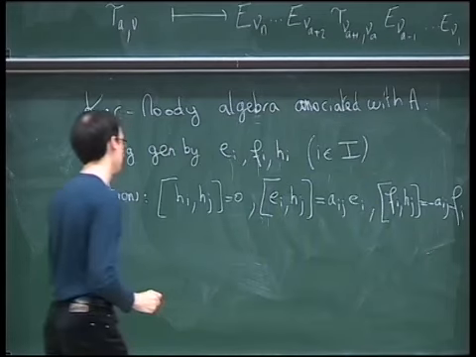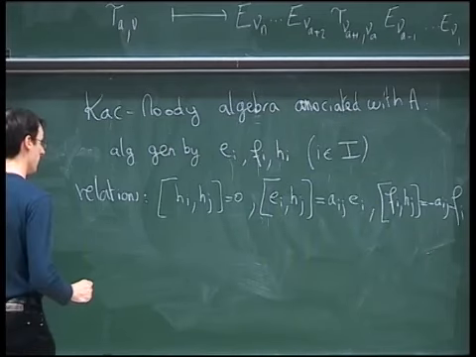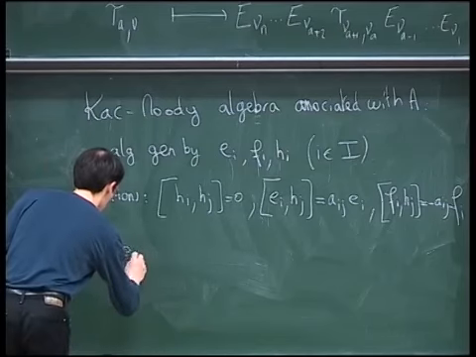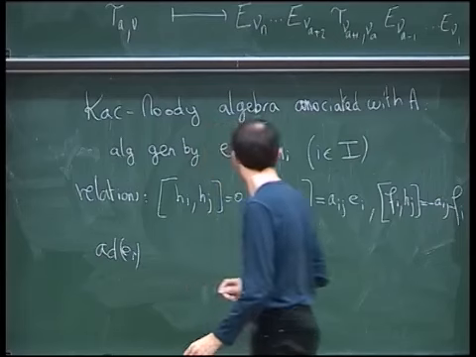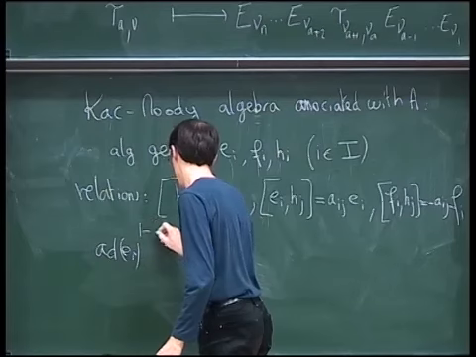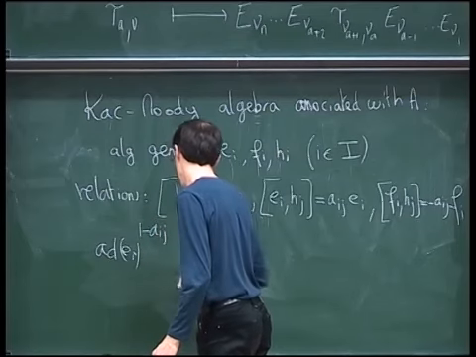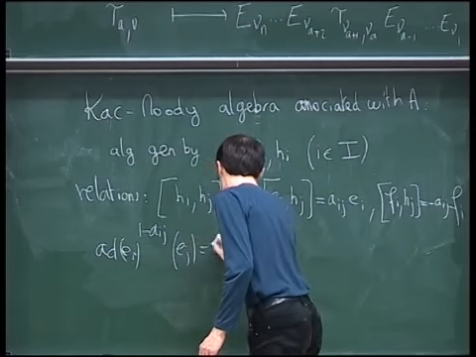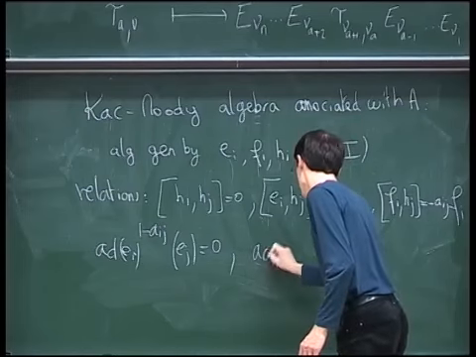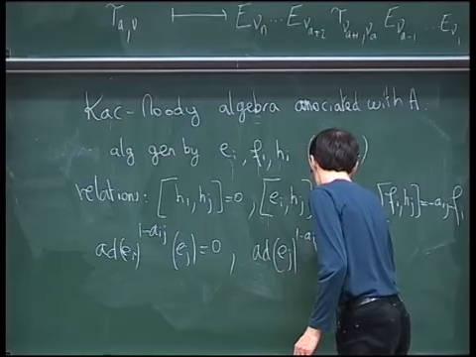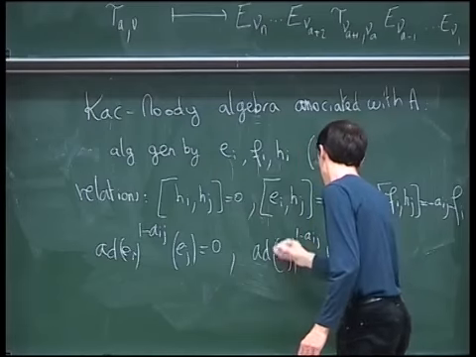And I need the interchange between Ei's and Fj's, and the easiest way is to say that if you take ad Ei and raise that to the power 1 minus a_ij, and you apply that to Ej, this is 0, and same with Fi.